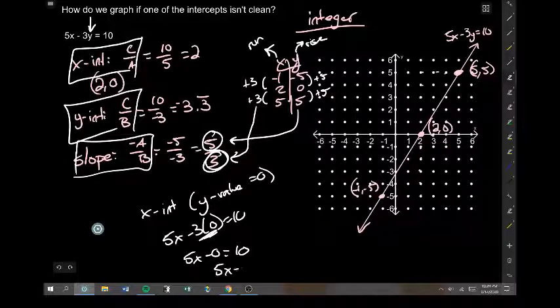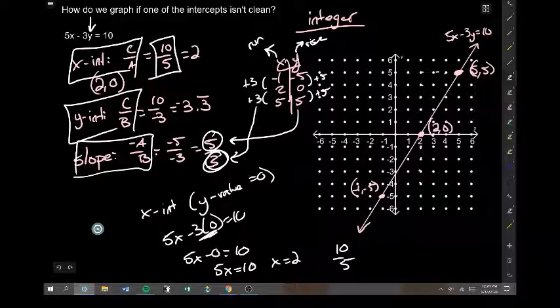So I get 5x equals 10, which means that x equals 2. I got 2 by doing 10 divided by 5, and 10 divided by 5 was this exact process. So the x-intercept is c divided by a, because this stuff goes away when you find the x-intercept. And if you want to find the y-intercept, this stuff goes away, because to find the y-intercept, the x value must be 0.